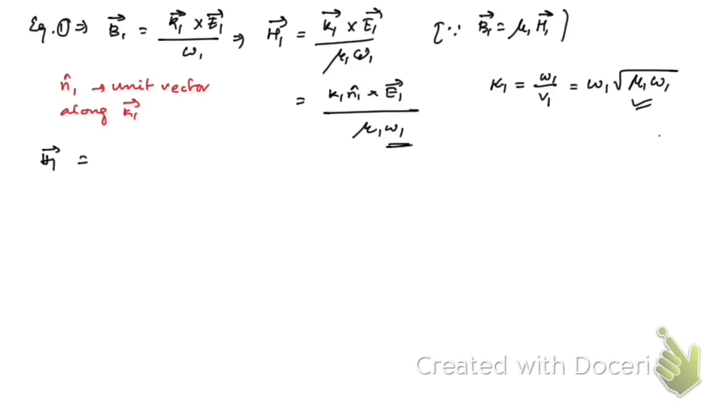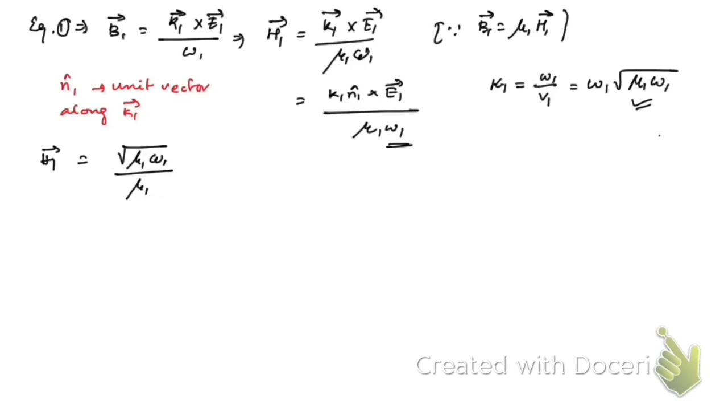Then it's going to be equal to, first let me put the value here, root over mu1 epsilon 1 by mu1. Here we have omega 1, here we have omega 1, these two cancel.